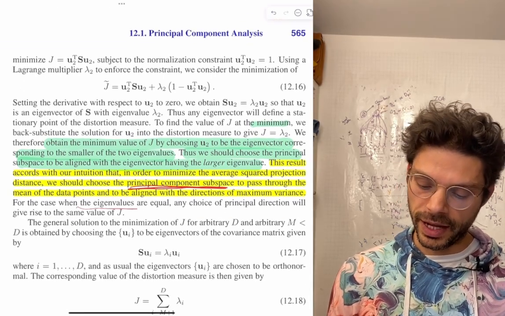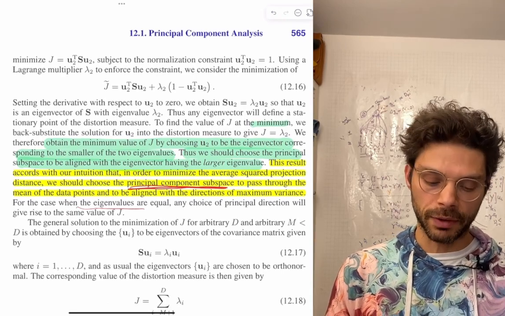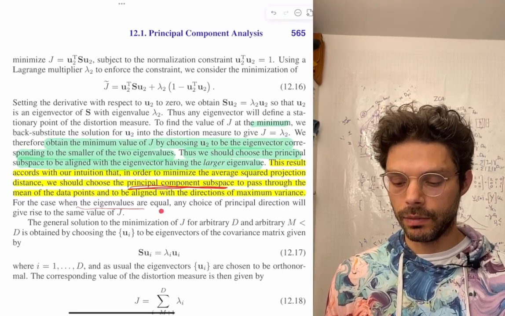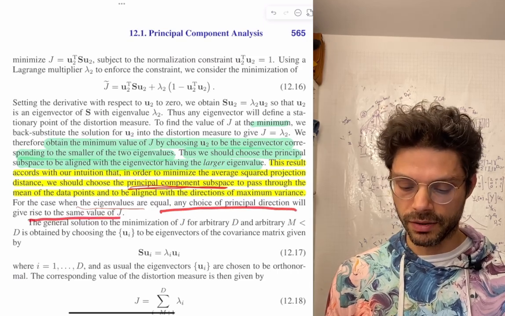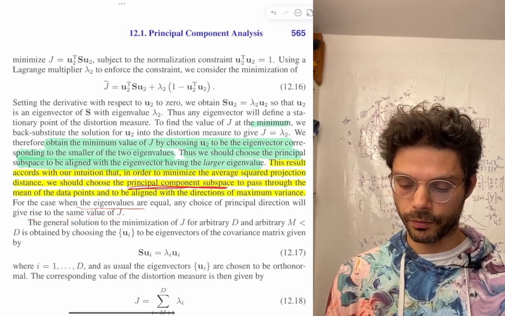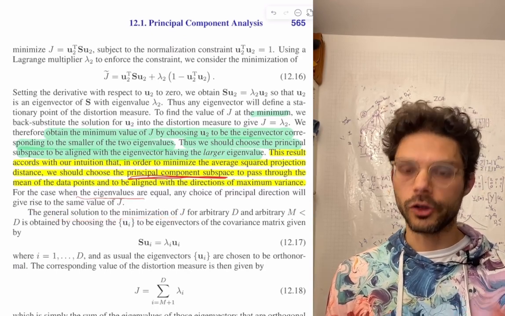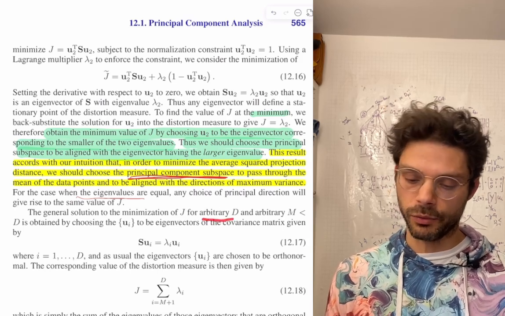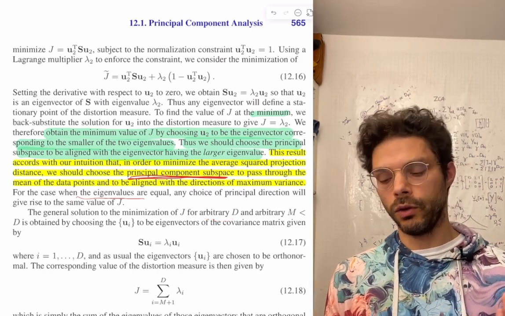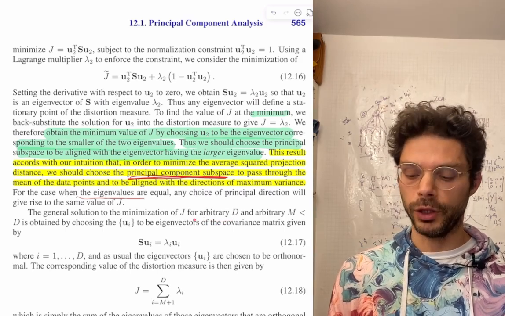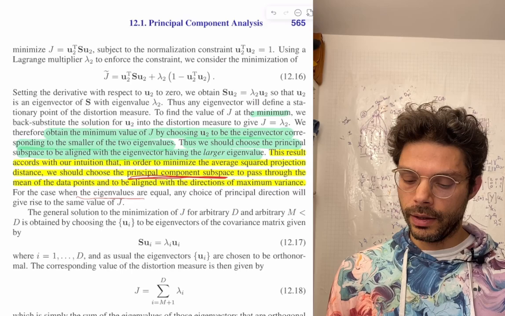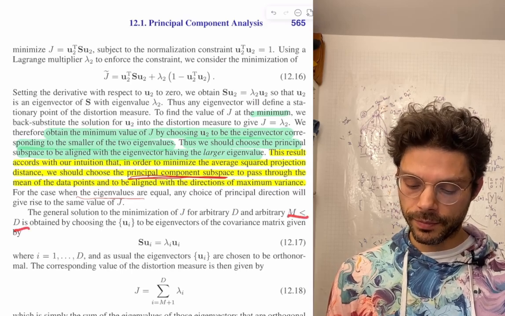Okay, for the case when the eigenvalues are equal, which will never happen for real data, any choice of principal direction will give rise to the same value of J. And again, he says a general solution, but it's not the general solution, right? I think he means general because we were considering d equals 2 and m equals 1. Now he says, well, what happens when you let them be arbitrary, as long as m is less than d?